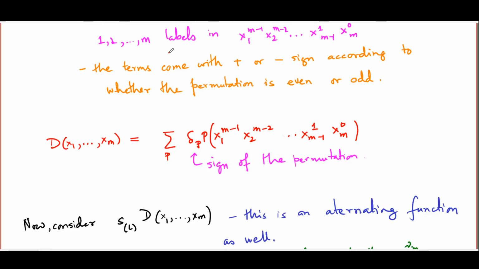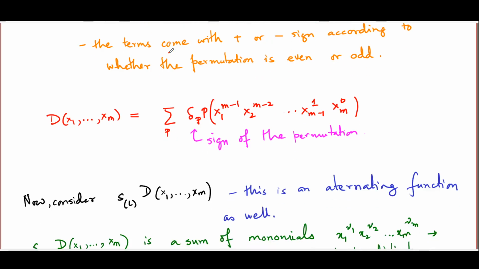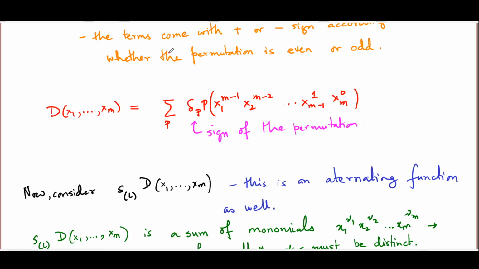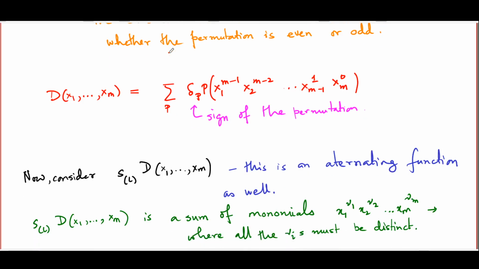Because this is an alternating function, it must have distinct powers for each one of these x1, x2, xm. So this will consist of a sum of monomials of the form x1 to the nu 1, x2 to the nu 2, all the way down to xm to the nu m, where all of these nu i's must be distinct.